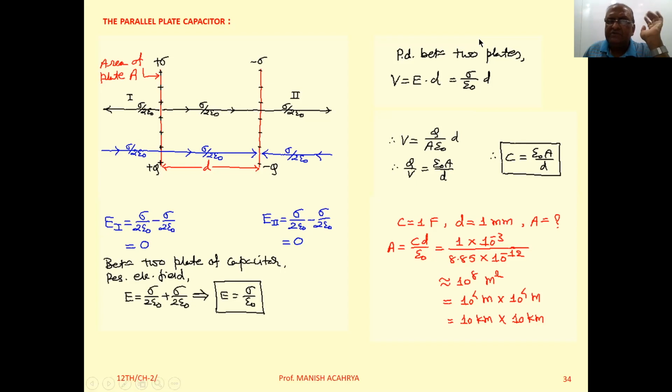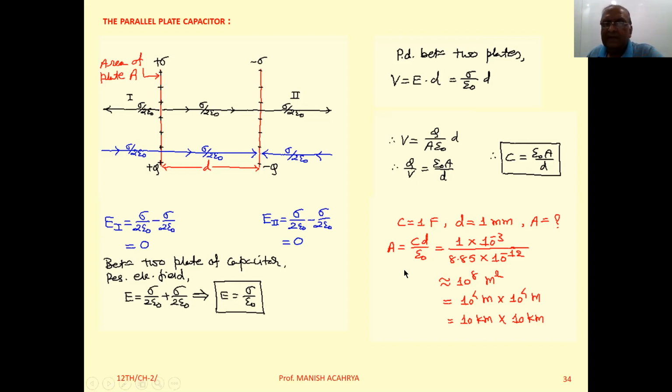ઓકે, so now see, we want 1 farad. Separation between two plates is 1 millimeter. So what should be the area of the plate? આપણે પ્લેટ કેટલી મોટી લેવી પડશે અહીંયા એ ગણીએ હવે.